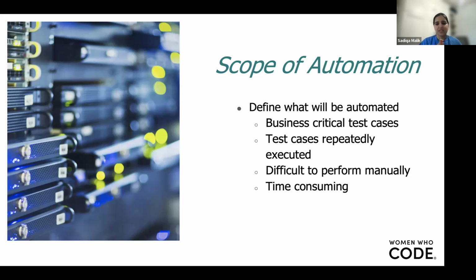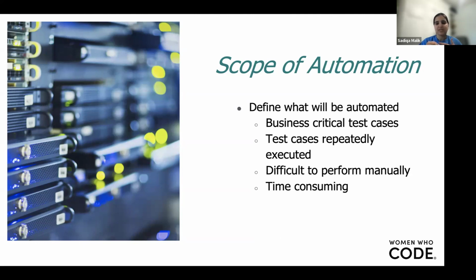A good example to start with is the test cases that are business critical, right? Highly used test cases or high risk test cases that you need to execute for every release, and then test cases that are difficult to perform manually.